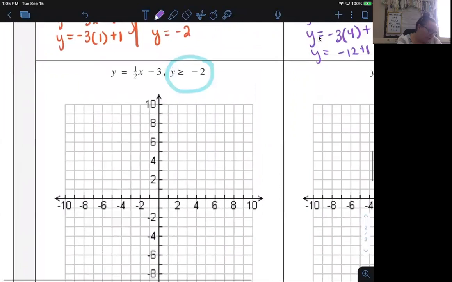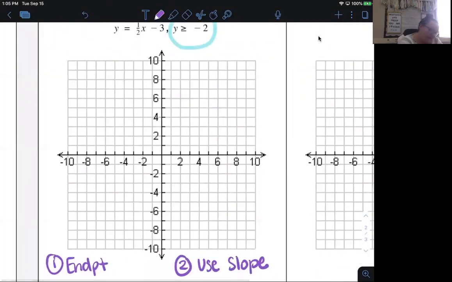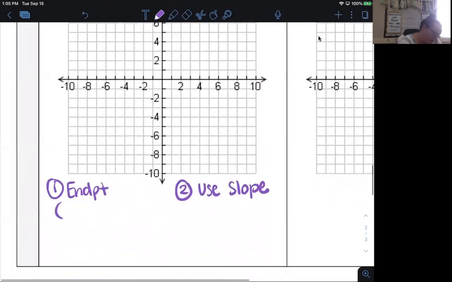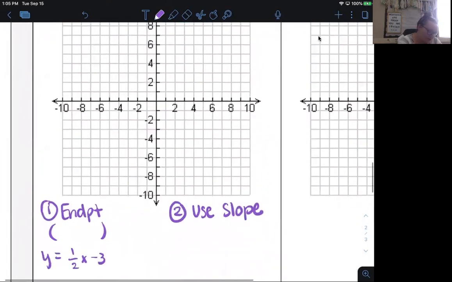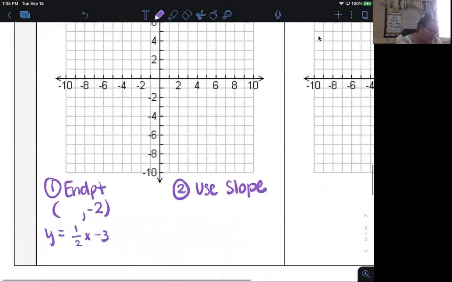So if my equation is y is equal to 1/2 x minus 3, and I want all the y's that are greater than or equal to -2, I'm going to use y equals -2. And then my slope is 1/2, because that's what's being multiplied by x. So m equals 1/2.